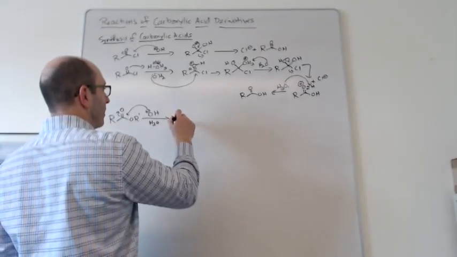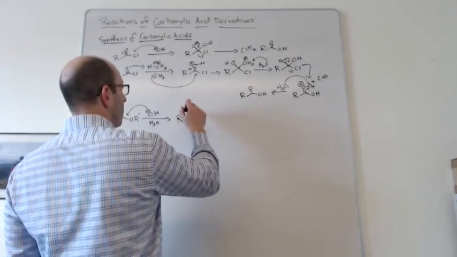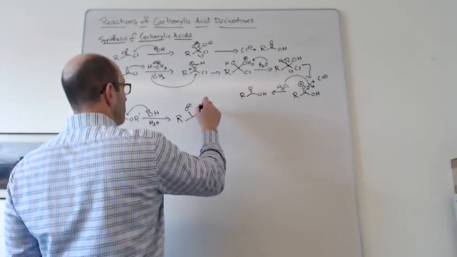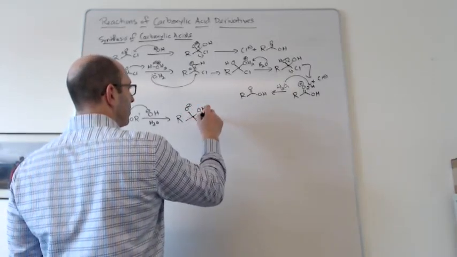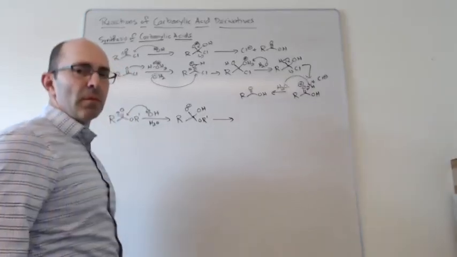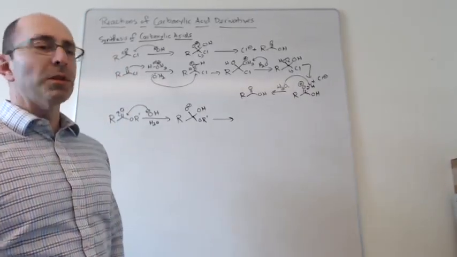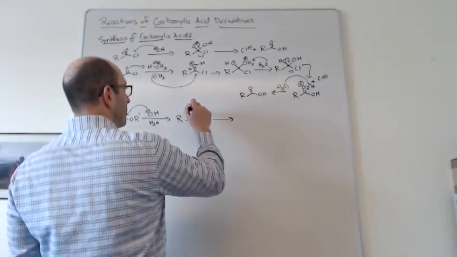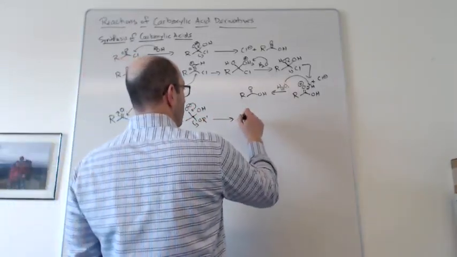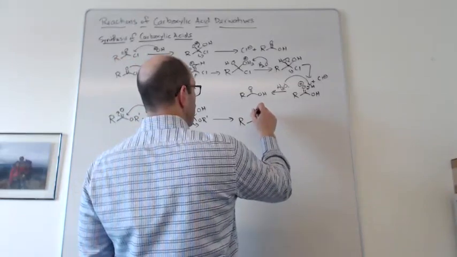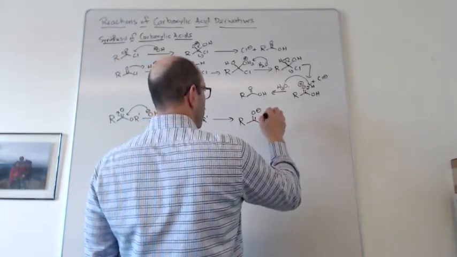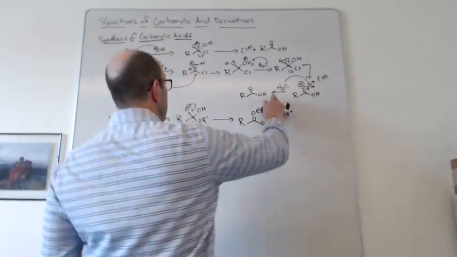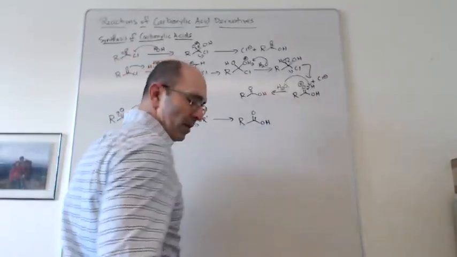Add hydroxide, get a tetrahedral intermediate. And again, we're in base, so it's completely reasonable to have negatively charged intermediates. And so we can reform the carbonyl like we've done with esters before. And the negative charge ends up on our oxygen leaving group, right?